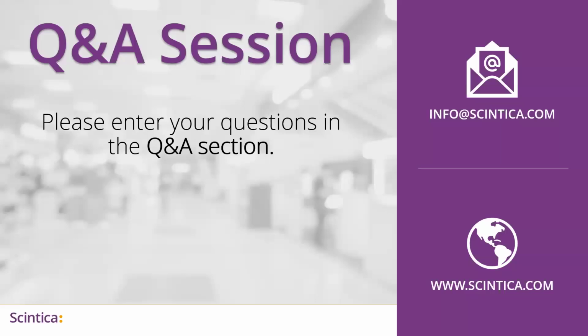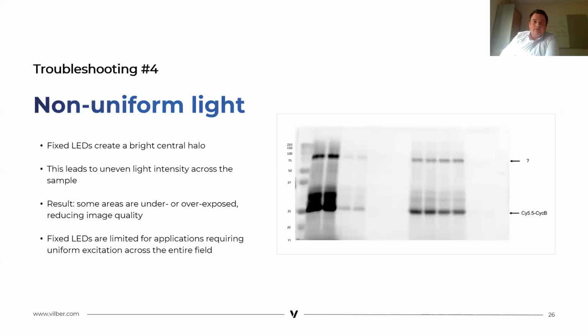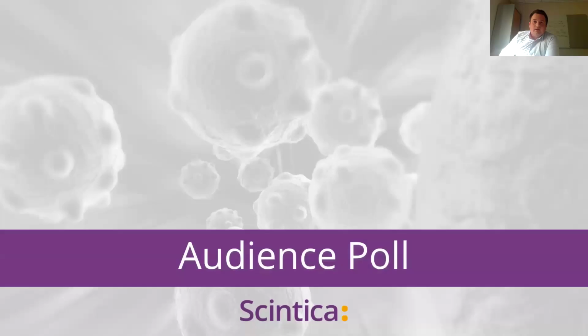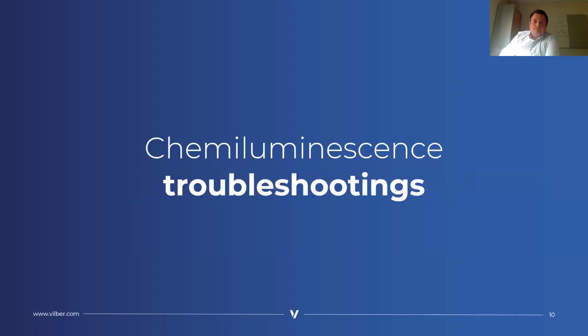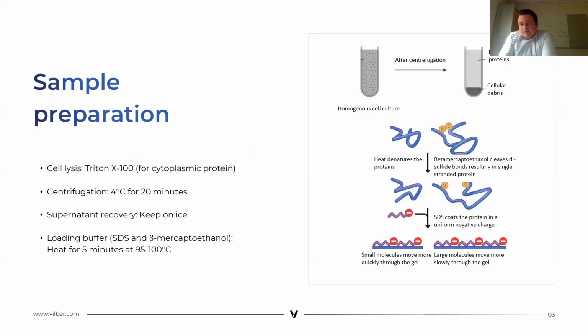The first question is the following. What do you need to change in the sample preparation if you deal with membrane proteins? Let me go to the slide, it will be easier to understand. For the sample preparation, for cytoplasmic proteins, as I said, you have to use Triton X-100.